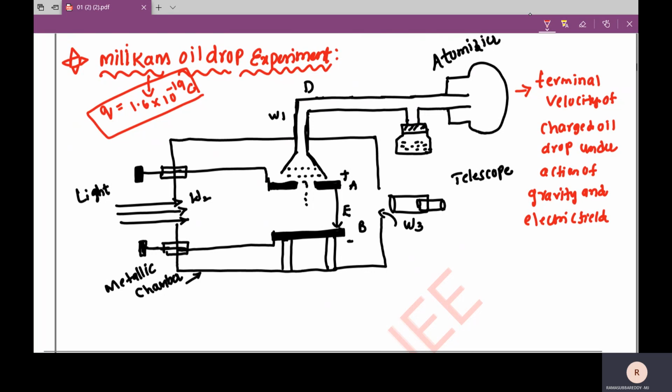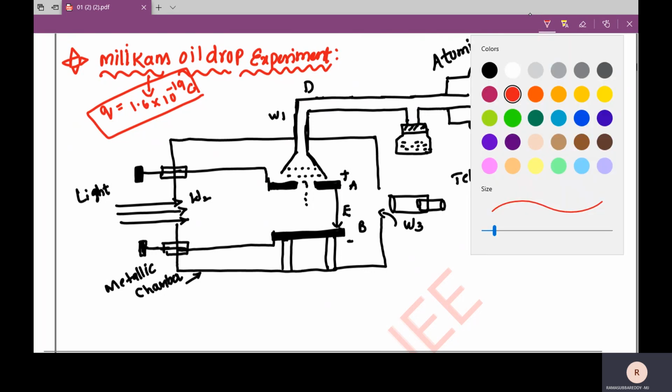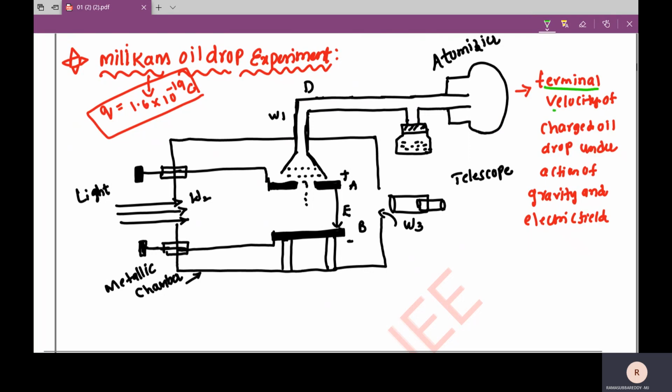Okay, so that is the main concept to find the charge of the electron. We know what the terminal velocity is: the velocity at which it is moving constantly, where the net force is equal to 0, and from that point onwards the velocity remains constant.